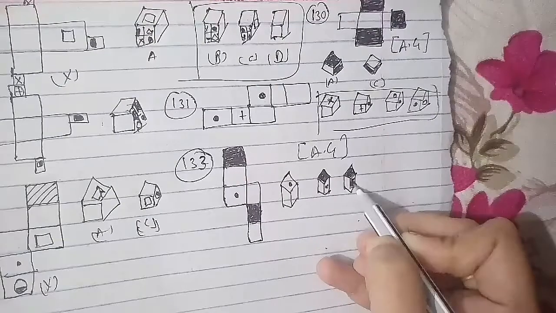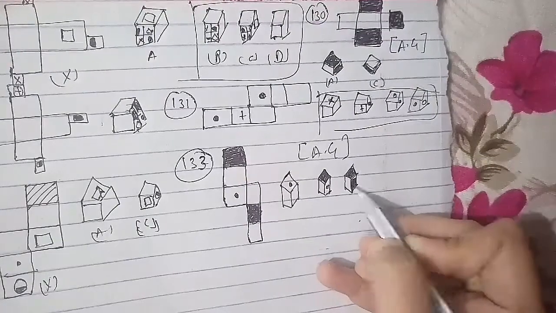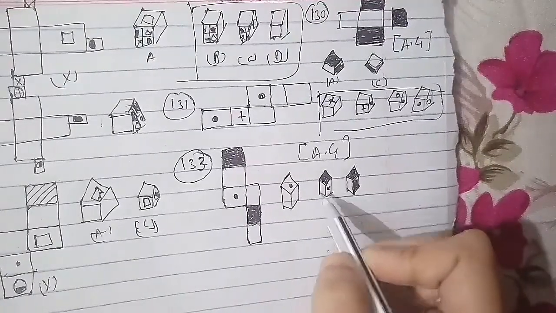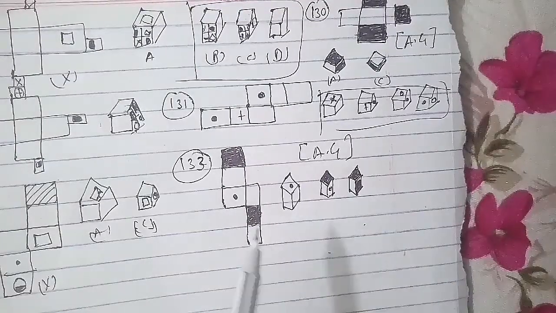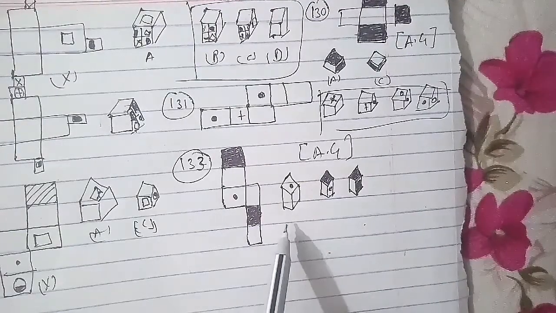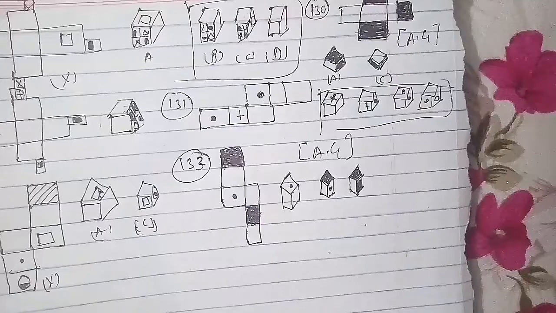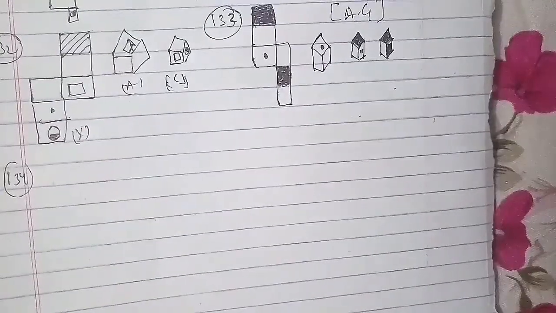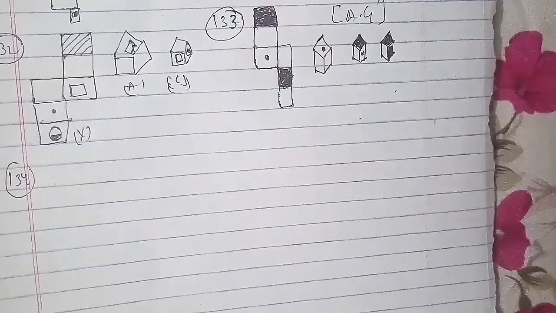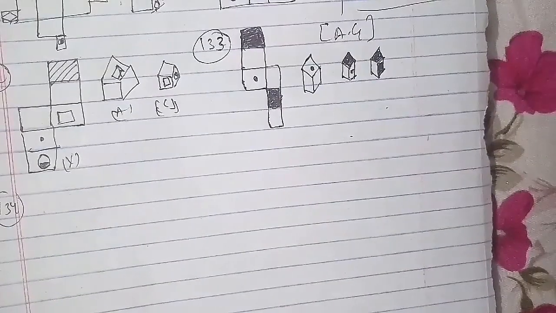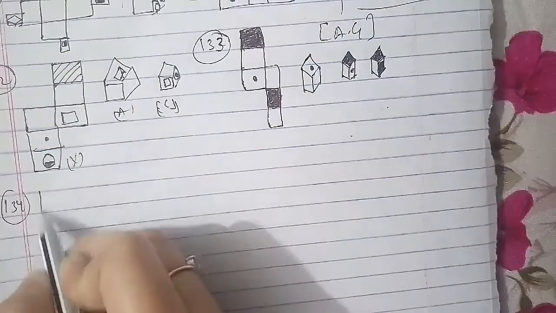Now we'll go ahead with another question, the 134th question of the session. That is being represented here, as you can see. On the 134th question of the session, it is represented like this.